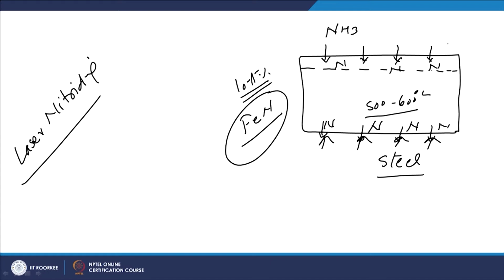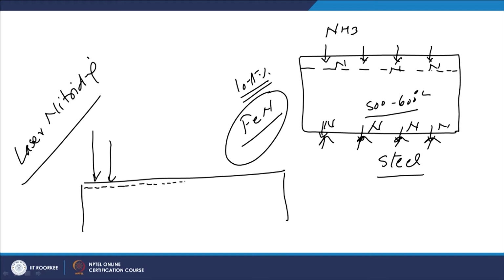So, the other types of nitrides are formed, which are hard and stable and do not increase the cracking tendency much. But in case of laser nitriding, laser is used for melting the surface layers up to a very thin depth. So, a very thin layer of the material is melted, and this is carried out in a nitrogen rich environment.